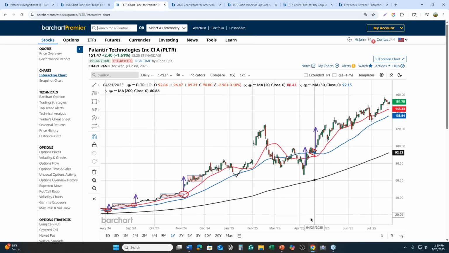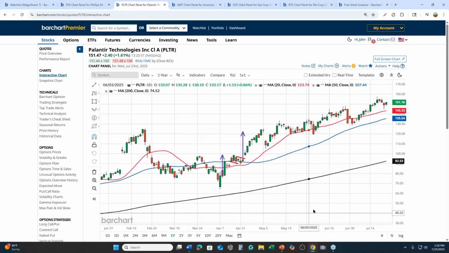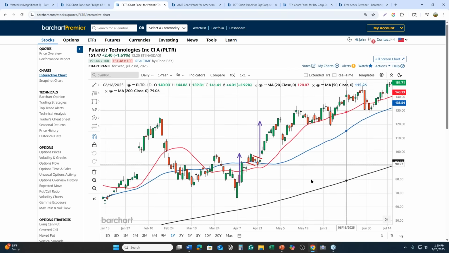So here's Palantir, certainly a stock that we all know, and we know that it's been in a crazy uptrend. But there we go. There is our impulse, our correction, and then we measure our impulse to give us a projection. Impulse, correction, impulse.